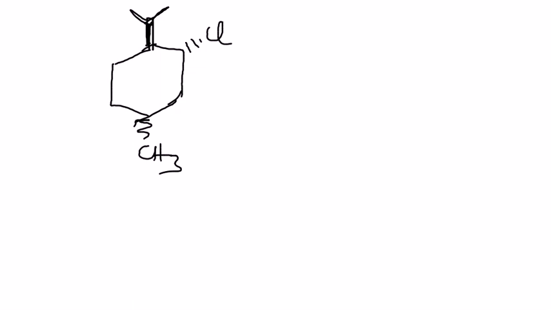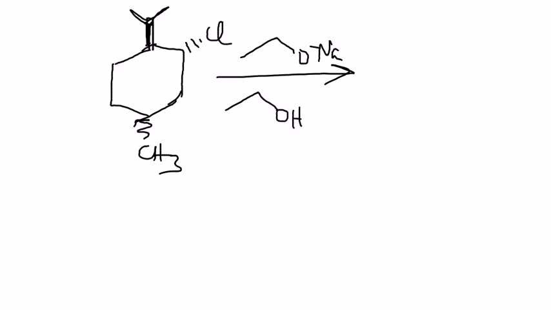I have a mechanistic type problem. So I have an isopropyl group on the solid. I have a Cl here, and I have a CH3, and I'm treating it with a good base in the presence of ethanol, and it's generating your isopropyl is still in place.